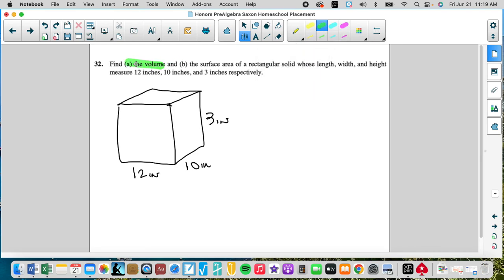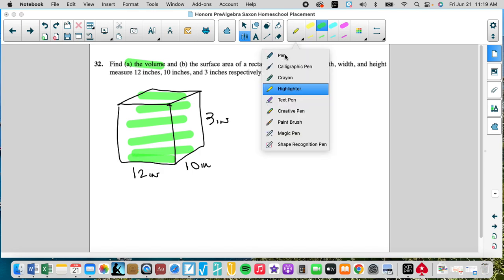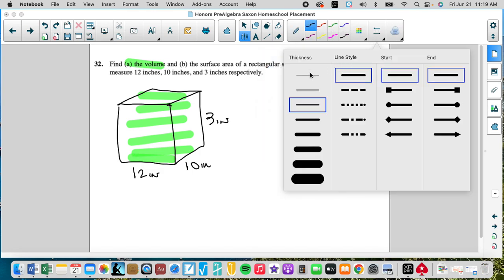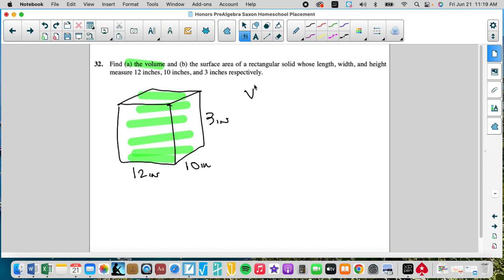Let's do volume. Volume is going to be all of this, the inside of it. Volume of a prism is volume equals big B times H. This time the base shape is a rectangle. So that's length times width times the height.